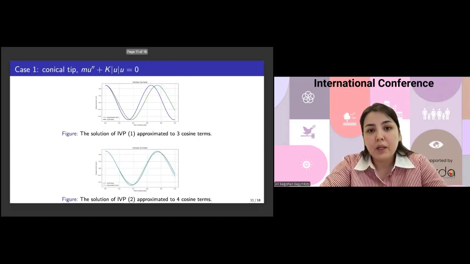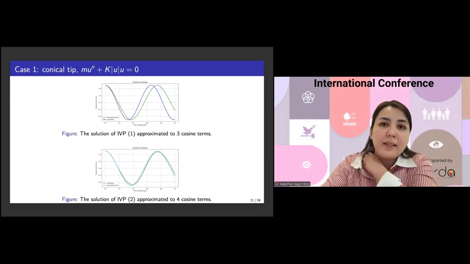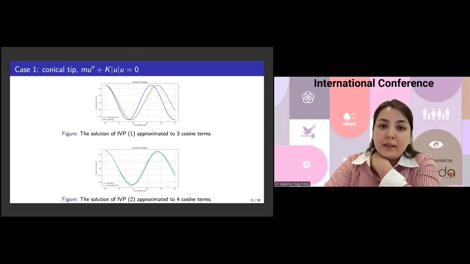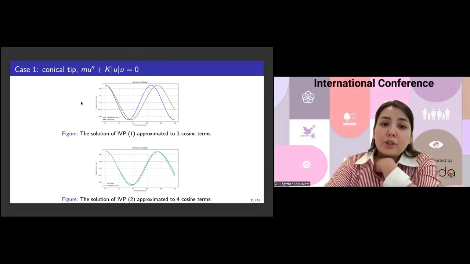Here I showed this graphically. In these graphs we compared two cases: the exact generalized sine solution and our approximated solution. This is the conical tip case.